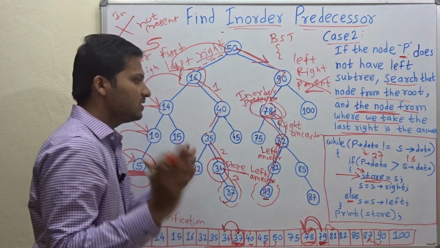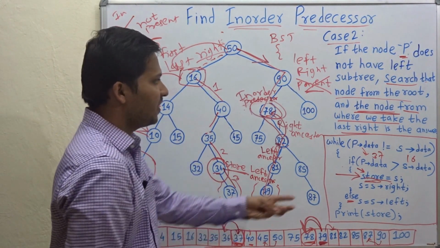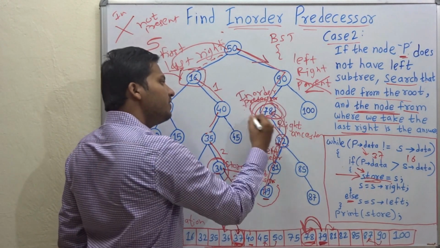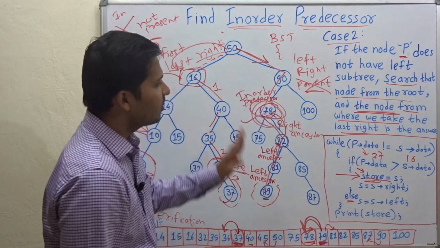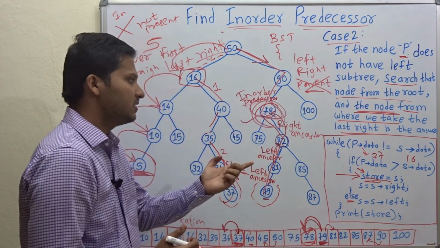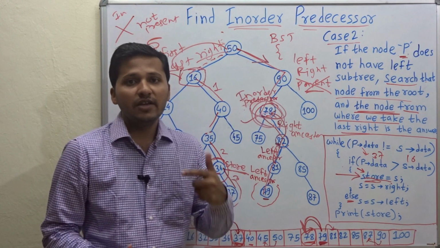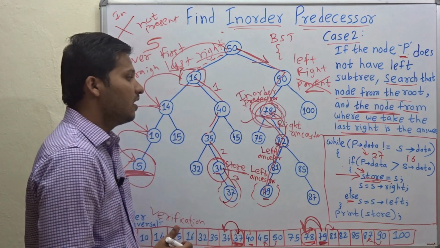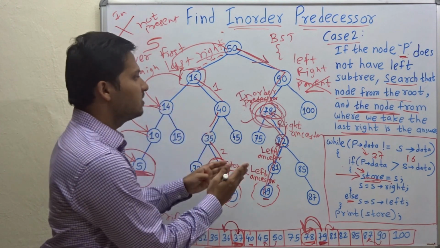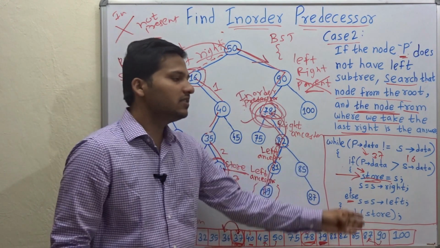That is the idea we have implemented here. We are finding the last right, and the node from where we take that last right is the in-order predecessor. That is the reason behind this mechanism. Everywhere on the internet they will tell you the mechanism, but you will never know the reason from them. So this is the reason why we implement this strategy.